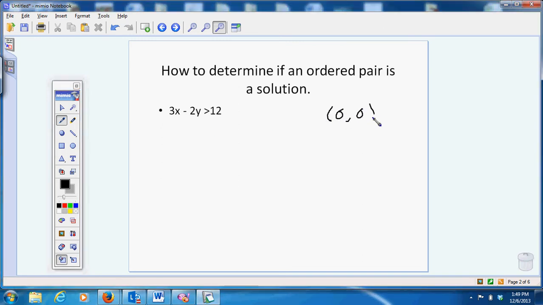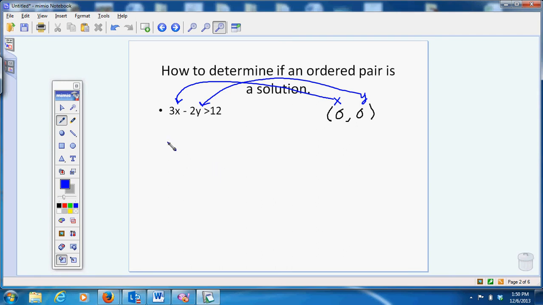So let's just take, for example, an ordered pair. Let's say 0, 0. Easiest ordered pair in the world. Well, if that's a solution, then when I plug in the x, y values into their appropriate spots, x goes there, y goes there, it should be a true statement.